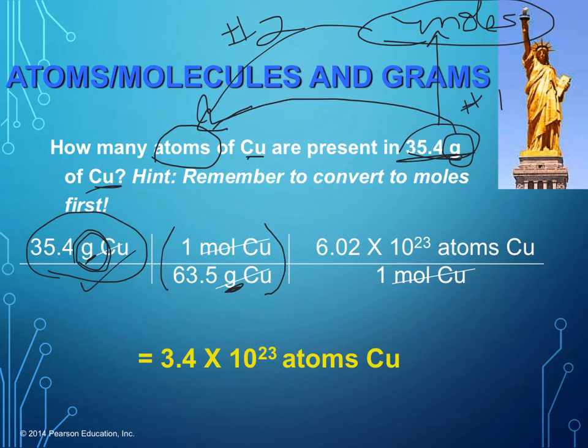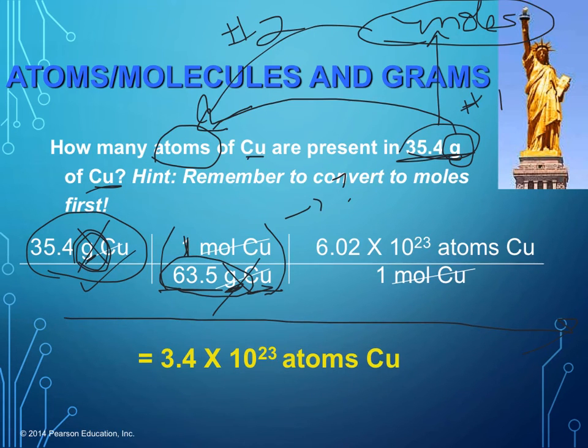The molar mass for copper is 63.5, which means there are 63.5 grams of copper in 1 mole of copper. The grams cancels out. You can either get an answer to this first calculation and then set up a separate calculation, or you can do what I call a running calculation, which just smushes it all together in one calculation. It's up to you. As long as you get this answer, you're fine.